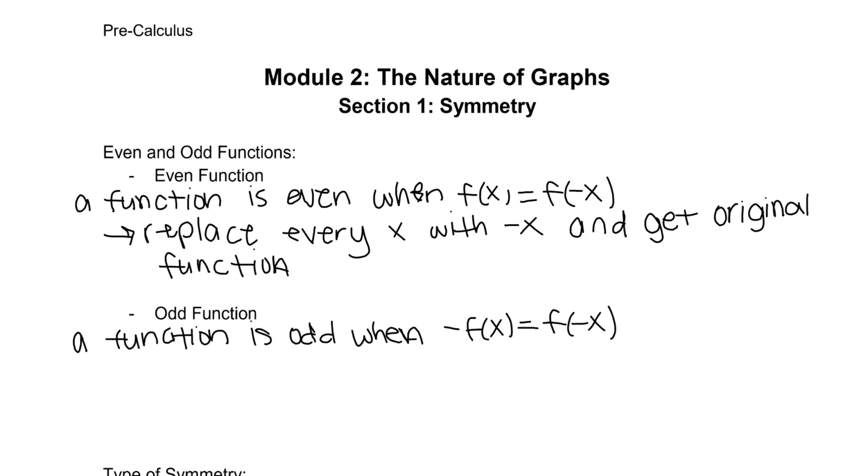So what that means is you have two steps. You have to first multiply your function by negative 1. Okay.